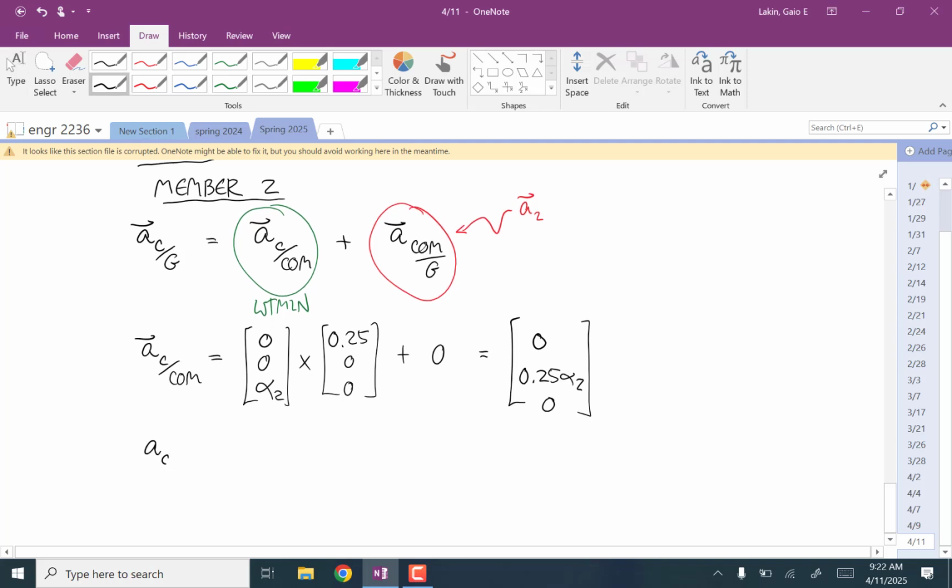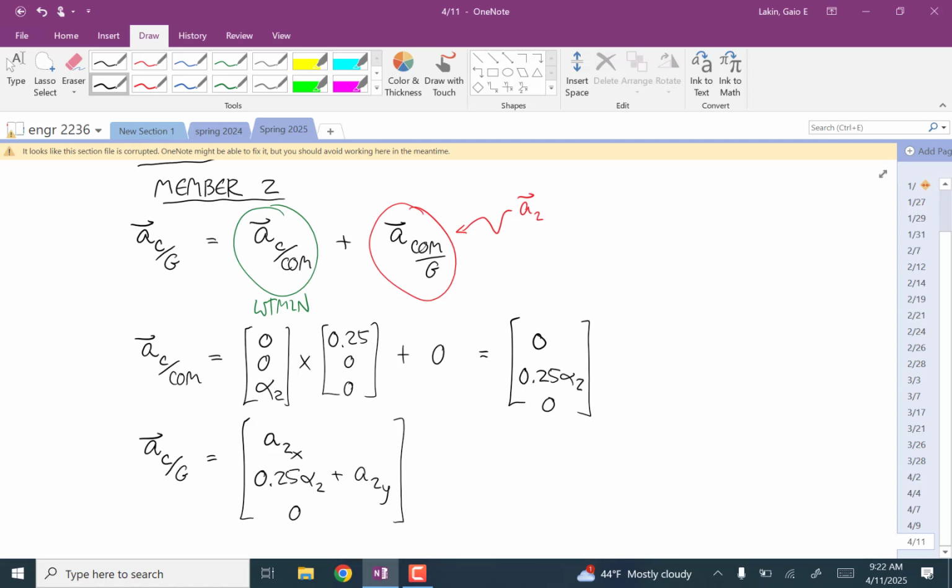And so the acceleration of C relative to the ground is a2x, then positive 0.25 alpha 2 plus a2y, and then 0 for z. You always have to get 0 for these z components because this motion is in the plane. When you're doing stuff in the xy plane, the only things that have z components are rotational elements.